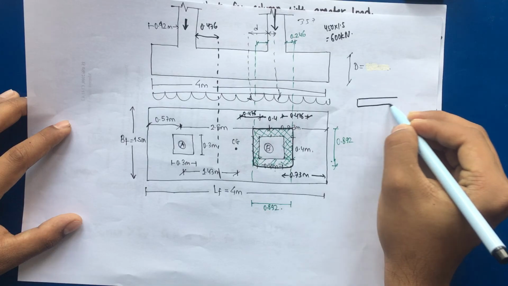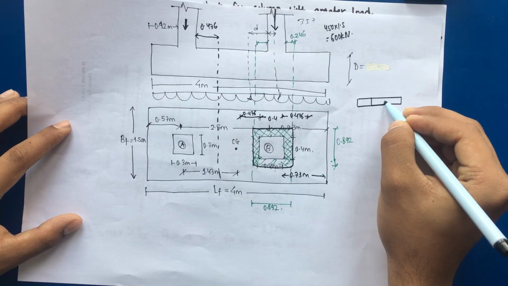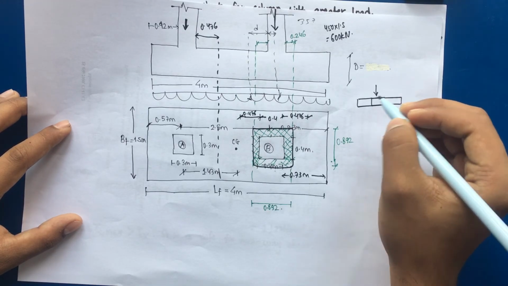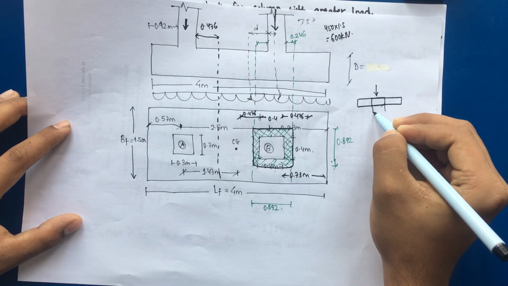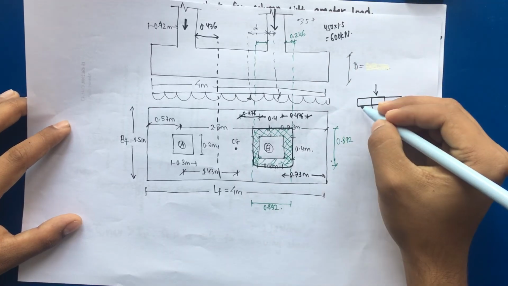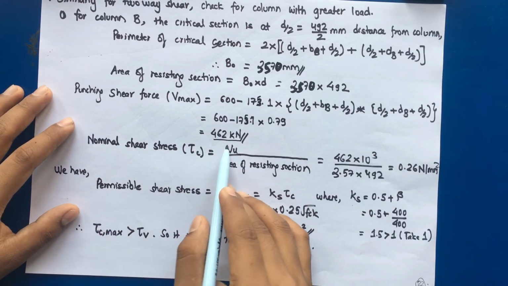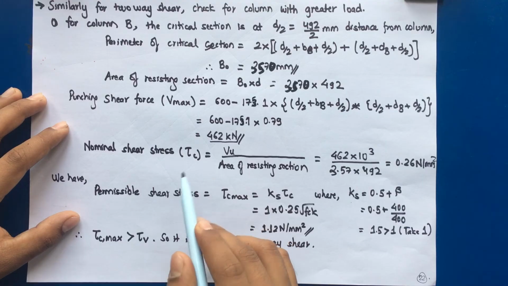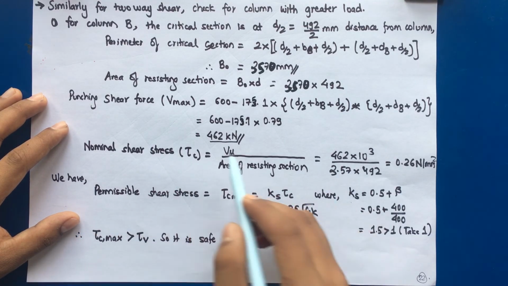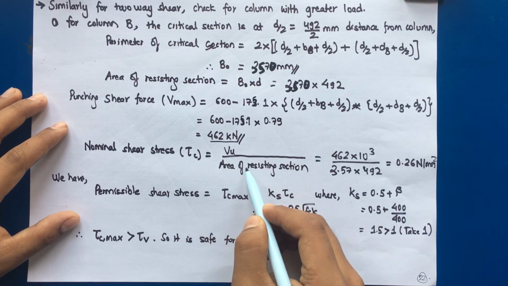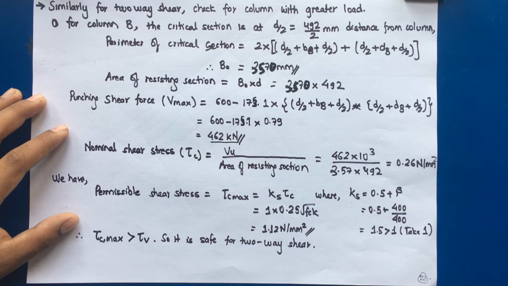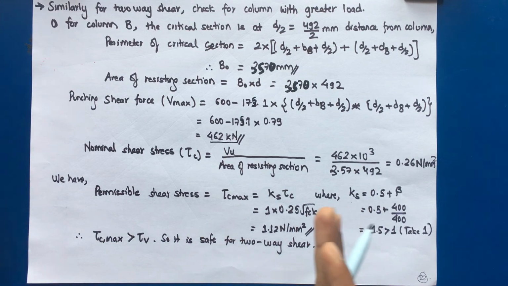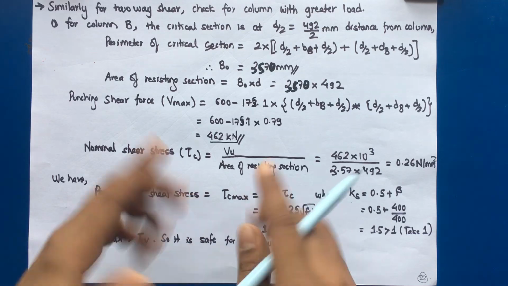If we see the punching effect, if this is the critical area, the punching effect is that this area tends to go inside. Okay, it tries to punch down. So the punching shear force is 462 kilonewton, and the nominal shear stress, again Vu by the area of resisting section, is 462 into 10 to the power 3. Previously, as I said, we will do two-way shear check for an area, but for one-way shear we did along the width.